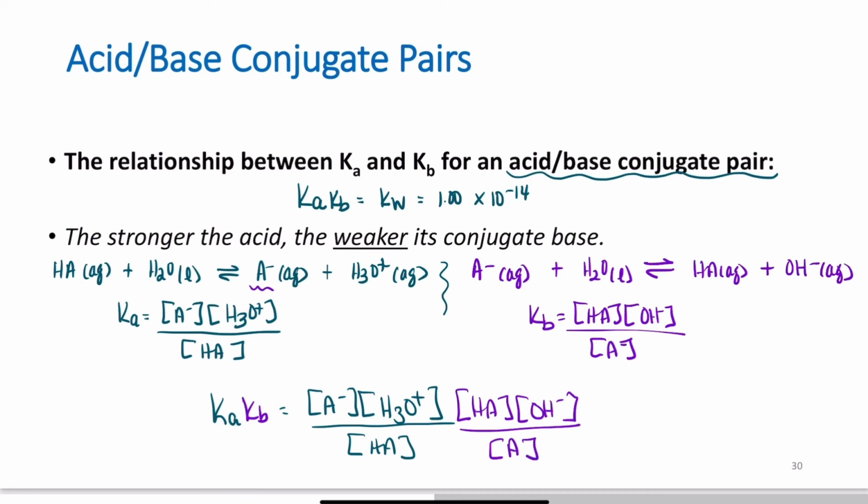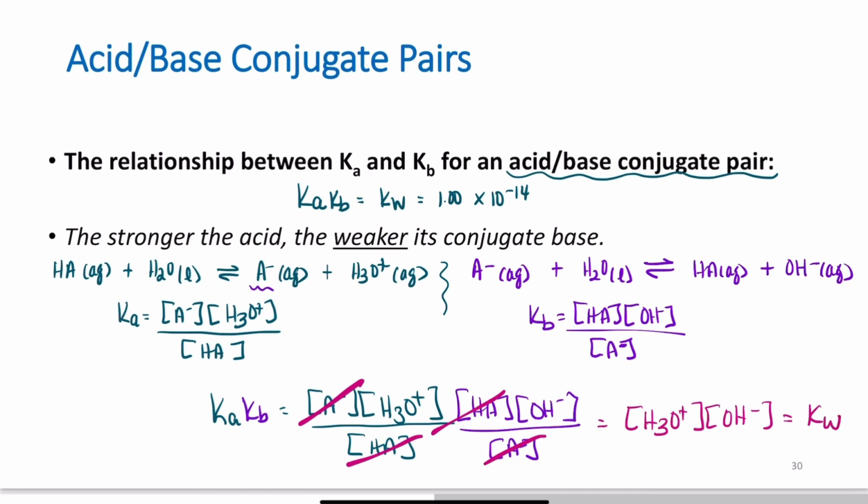There should be A minus in the denominator there. Should be a minus sign. Divided by A minus. A minus cancels out. HA cancels out. I am left with H3O plus concentration times OH minus concentration, which equals Kw.